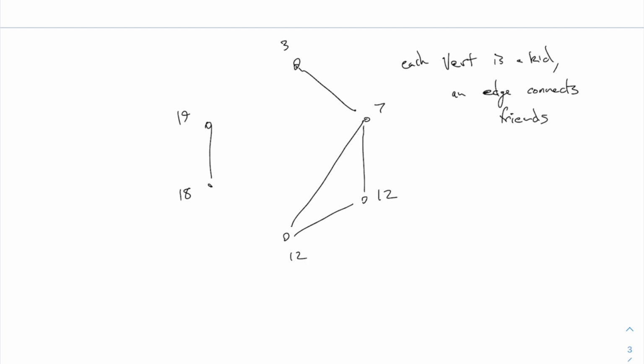There's the 18 and the 19, they will stick together. And then those other 4 will more or less stick together, although the 3 will always be kind of an outsider in that the 3 is only going to be friends with the 7 and not the 2 12s. So the point is looking at the graph can give you some insight. It's a good way of visualizing the scenario.